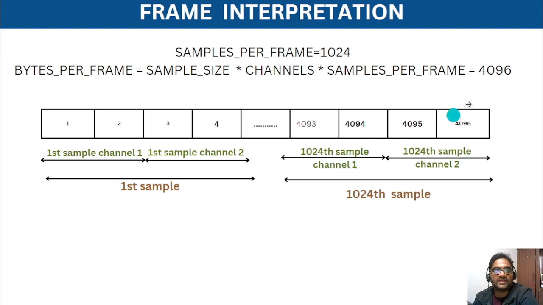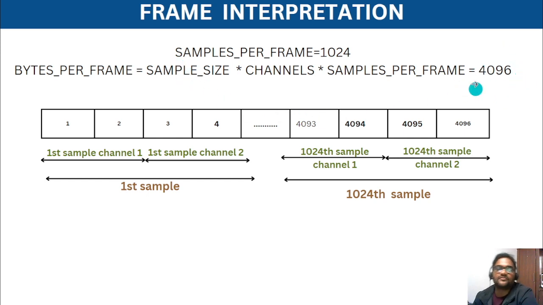In total we'll have 4096 bytes. So samples per frame is 1024, these samples come from channel 1 as well as channel 2, and the total size totals 4096 bytes.